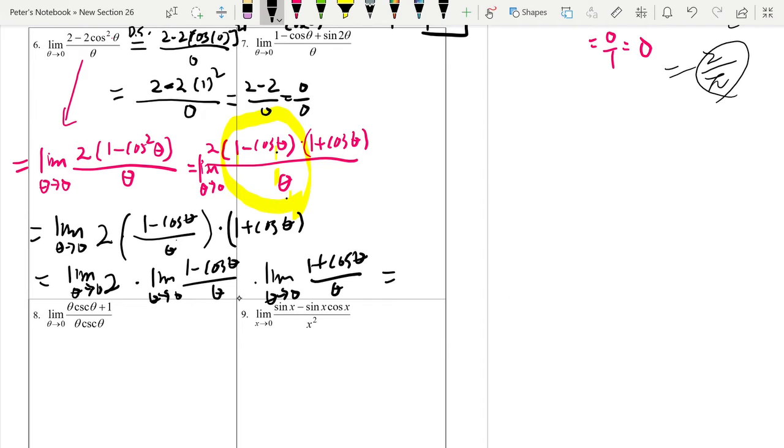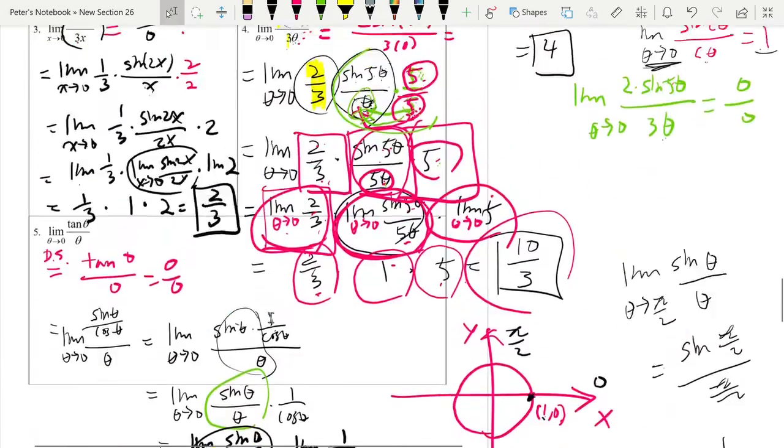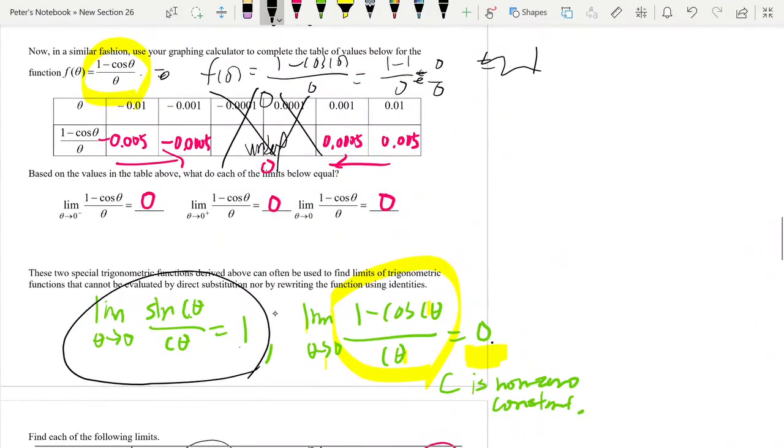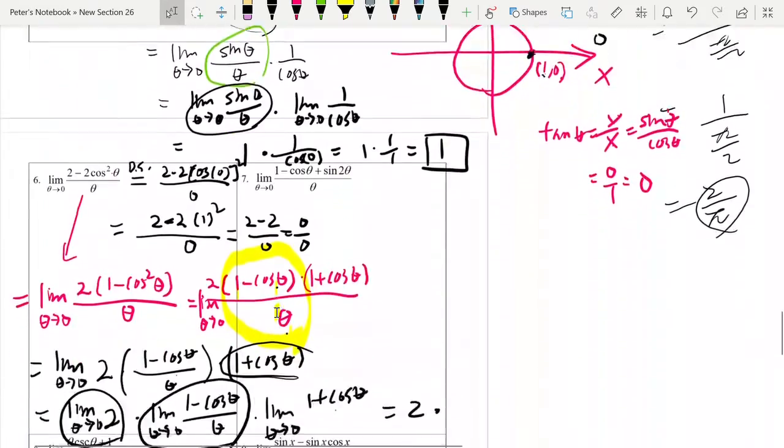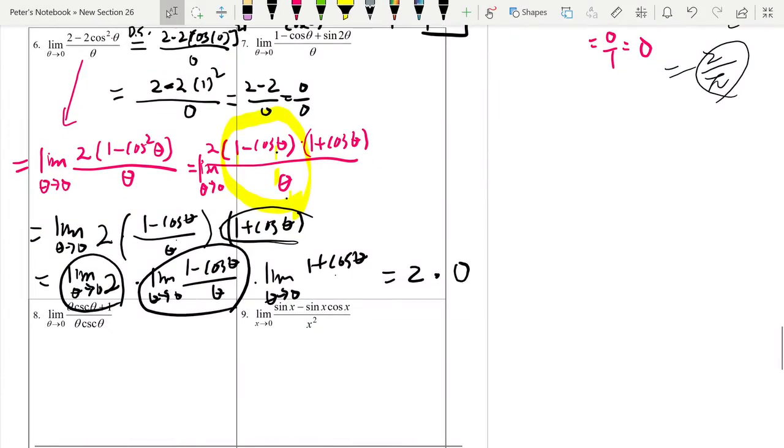Sorry, my apologies, there's no theta here, it's just 1 plus cosine theta, because we're just talking about that one. So 2 times, and what was this equal to? That was equal to 0. 0 is always nice when you're dealing with calculus problems, because anything times 0 is 0, right?